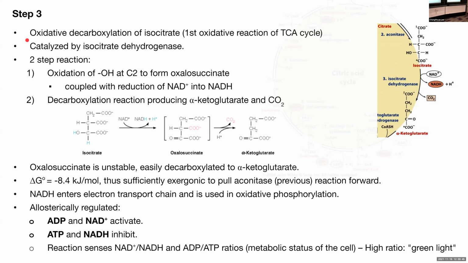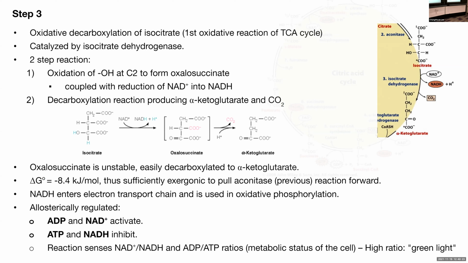And it's called, again, oxidative decarboxylation of isocitrate. Oxidative means that the substrate loses electrons. And also decarboxylation, so it's going to lose a carboxylate group, which is COO minus or COOH. So let's take a look at what happens. It's the first oxidative reaction, and every oxidation counts, which is important, because they can hand over the electrons to generate the reduced form of electron carriers.